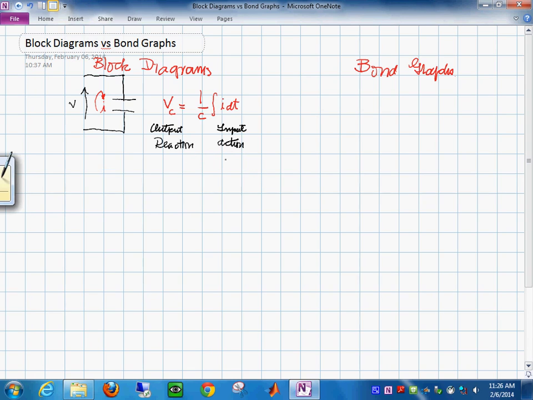I also could use the word cause and the word effect. So in other words, a consequence of circulating a current through a capacitor would be to generate a voltage, which is what I'm saying. How do we represent this equation in the way we have learned in block diagrams?